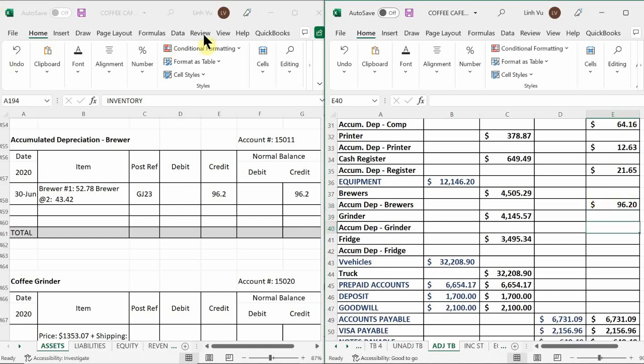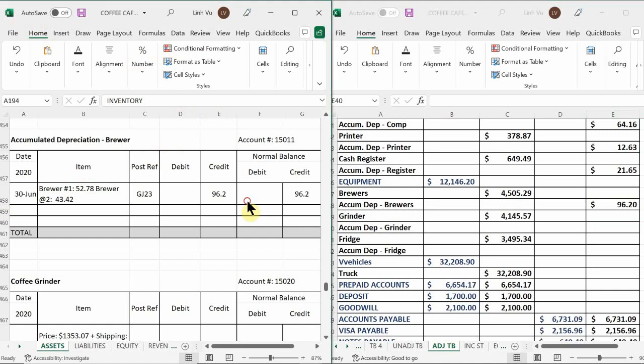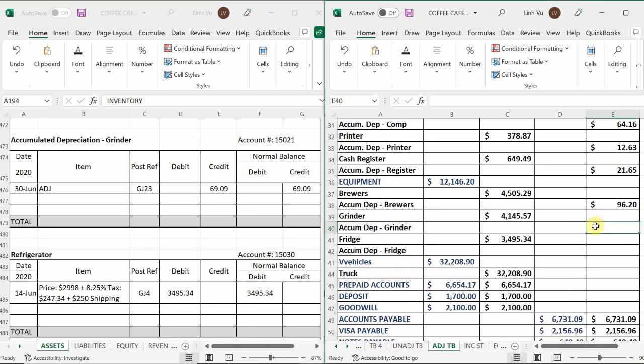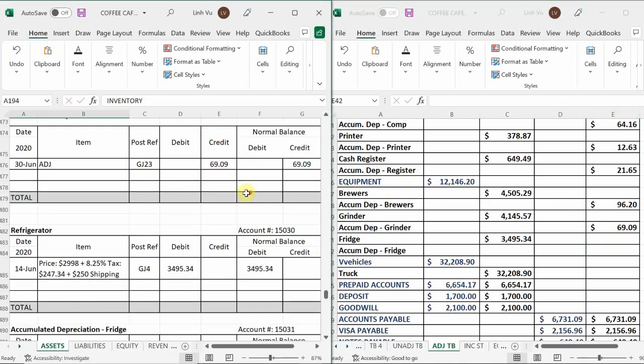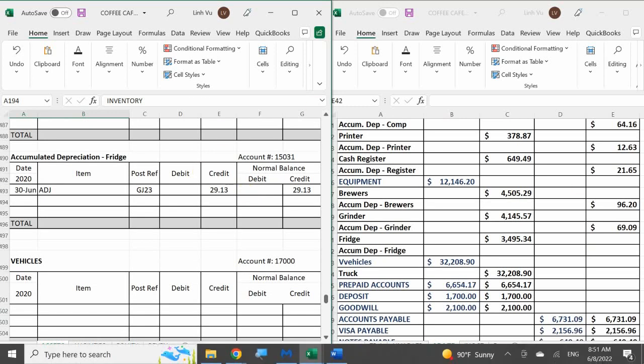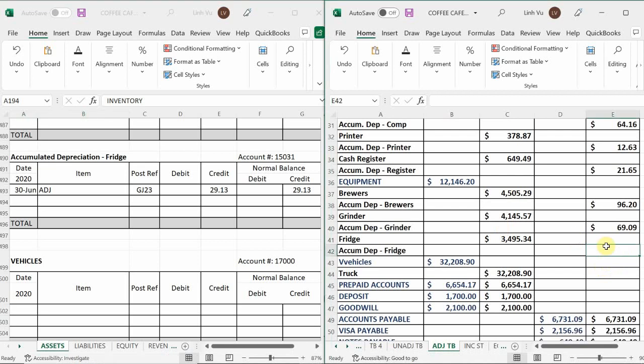My accumulated depreciation for the grinder is $69.09. My accumulated depreciation for my refrigerator is $29.13. Right, and that is that section there.